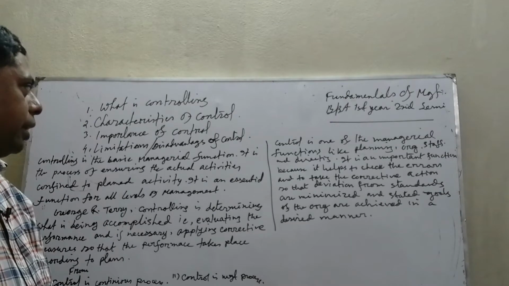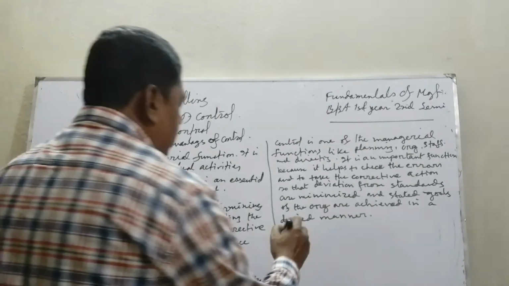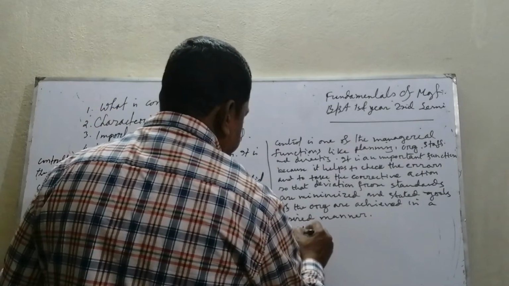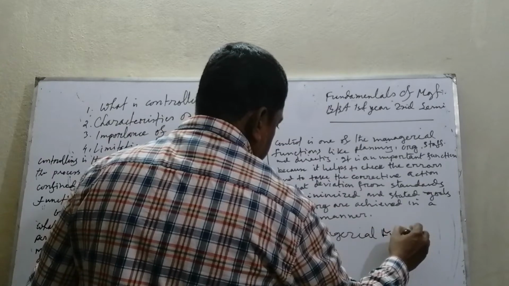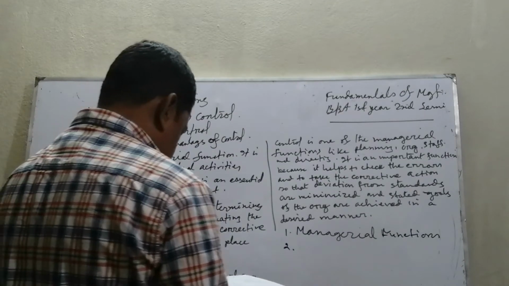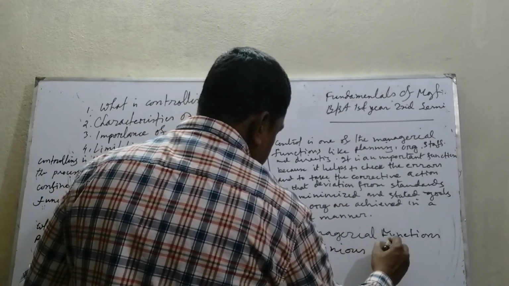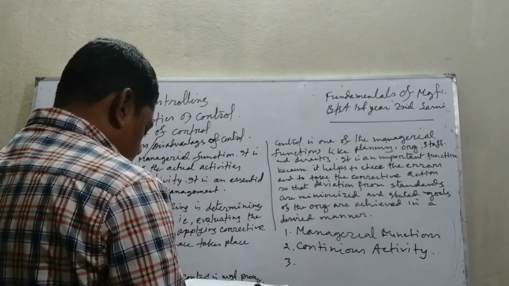And the next question, characteristics of control. And the first characteristic, managerial function. And the second, continuous activity. And the third, forward looking.